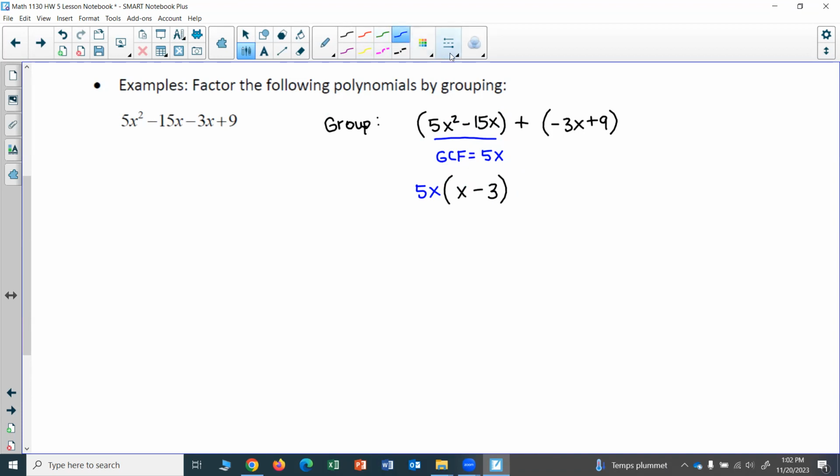Now let's look at the second group, negative 3x plus 9. So we're looking for a greatest common factor of these two terms. If there's a negative in front of the leading term in this second set of parentheses, I'm going to include the negative with the GCF. So include the sign of the leading term with the GCF.